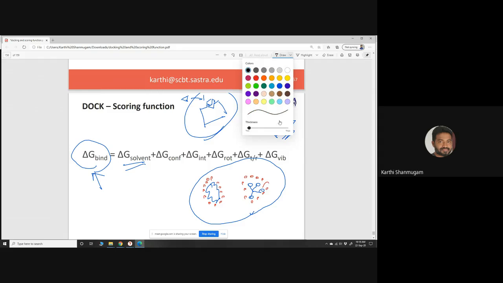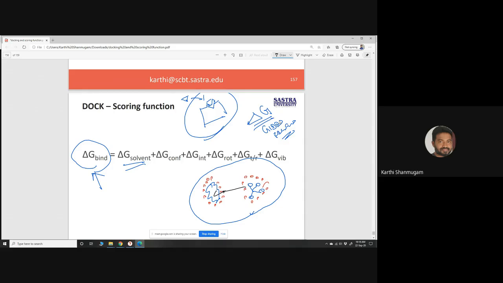If you want to bind this ligand molecule to the protein binding site, what should we do first? I wanted to bind this ligand molecule inside this protein. What should I do? I hope my slide is visible for you.